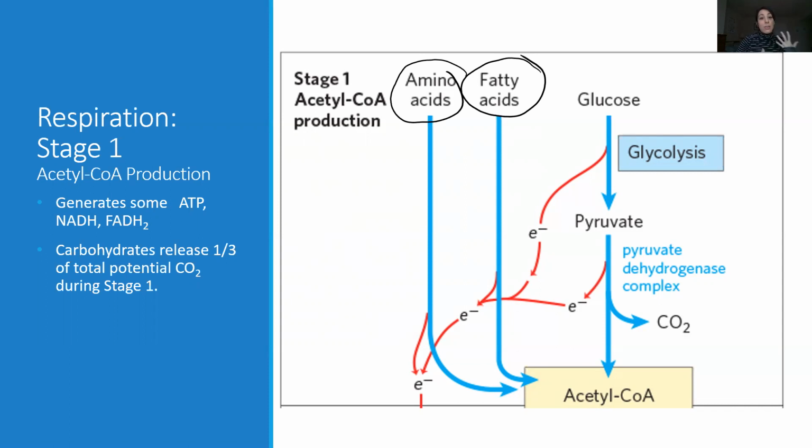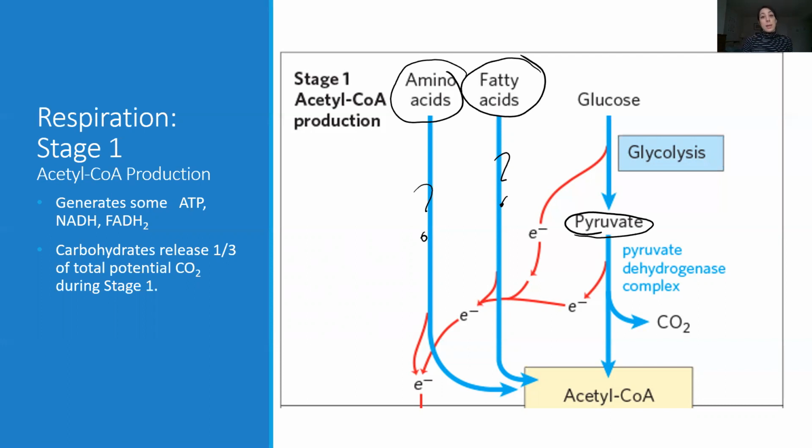There are lots of mechanisms and pathways happening in the process of taking amino acids or fatty acids and converting them into acetyl-CoA. Today, we'll be talking about how pyruvate, our product of glycolysis, is converted into acetyl-CoA. Now, this stage of taking pyruvate to acetyl-CoA is going to generate some ATP.